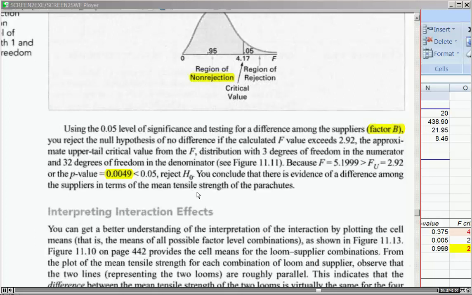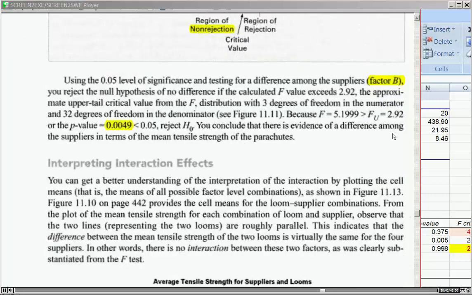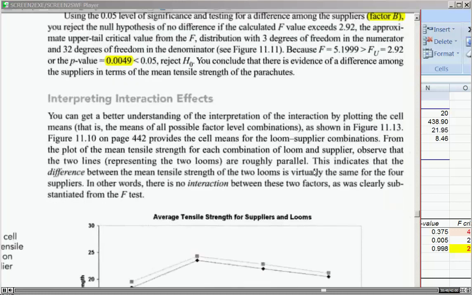So we can see now that we reject the hypothesis of equality of means due to factor B, due to differences in suppliers. So there's something there. There's a difference. Some suppliers are different from other suppliers. You conclude that there is evidence of a difference among the suppliers in terms of the mean tensile strength of the parachutes.